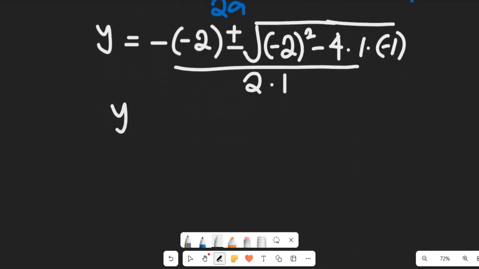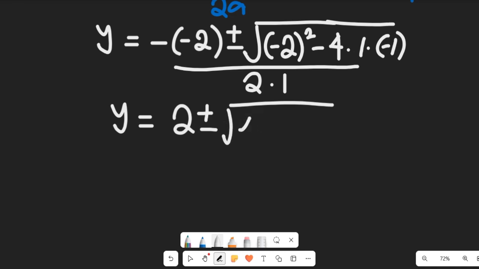The value of our y can now be equal to 2 plus or minus the square root of negative 2 squared is going to give us 4. Negative multiplied by negative will give us positive, and 4 times 1 will give us 4. And all this expression will be divided by 2.